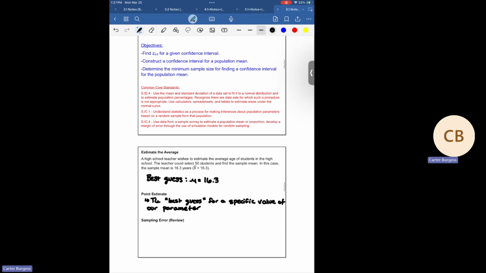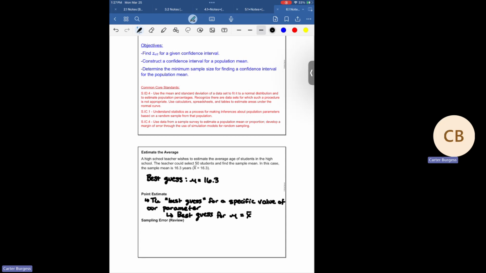And then from the observation that we have here, our best guess for our mean is just what we saw from the sample, right? If we had to pick any random number, we should pick 16.3.